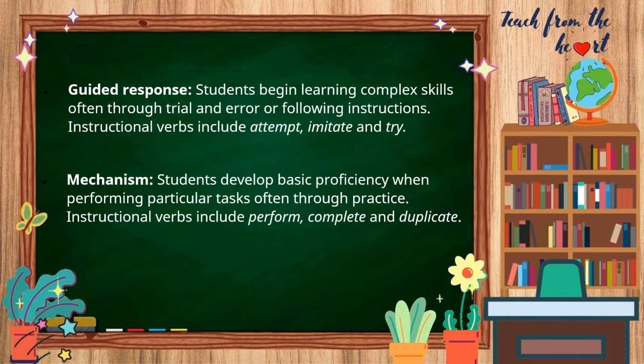The next is the mechanism. Students develop basic proficiency when performing particular tasks, often through practice. For example, a piano student feels confident playing a song assigned by her teacher after weeks of practicing. The instructional verbs include perform, complete, and duplicate.